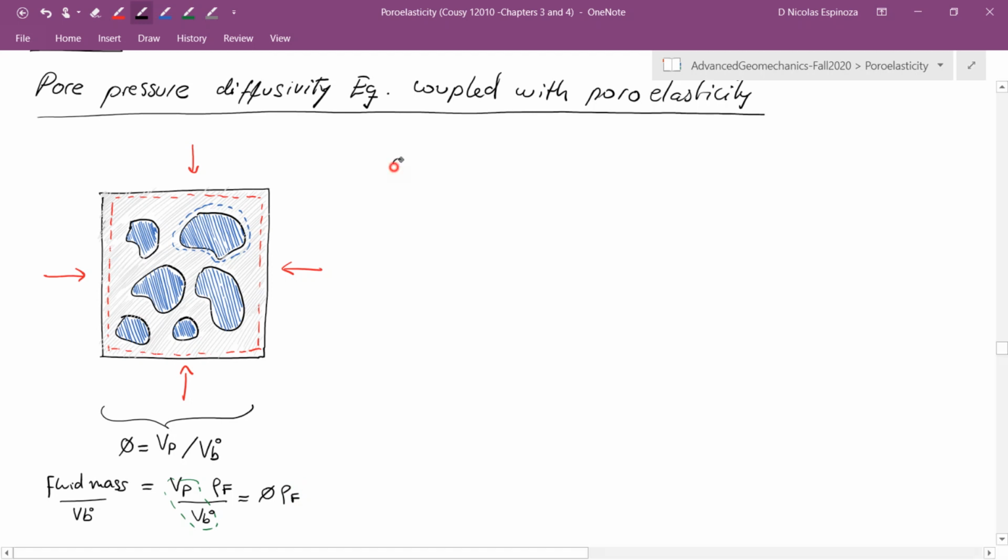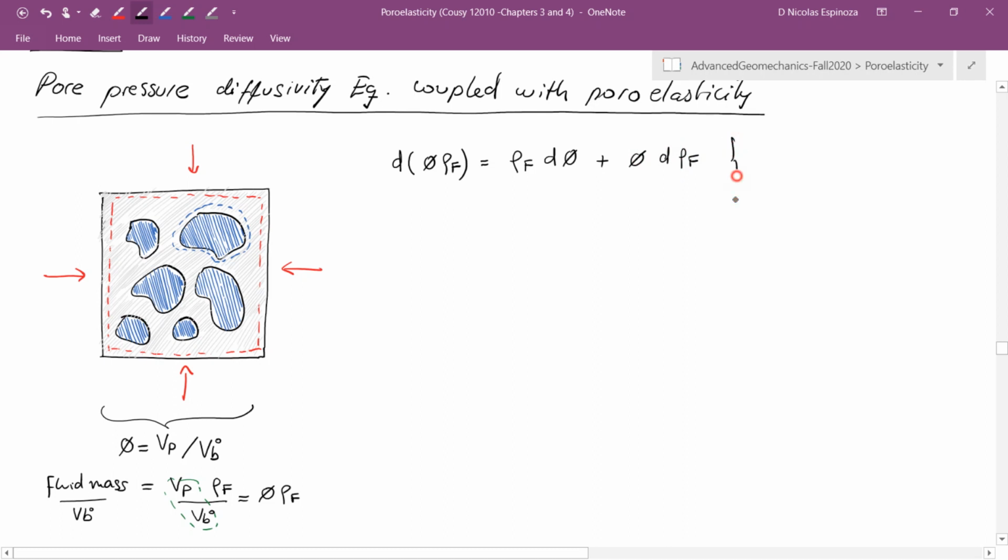What we're going to study is the change of mass of fluid within the porous solid. And we have seen before that this equation represents the mass of fluid. By the laws of derivatives, I can apply the derivative of the product, which is going to be the summation of these two terms: the derivative of the second times the first variable, plus the first variable times the derivative of the second.